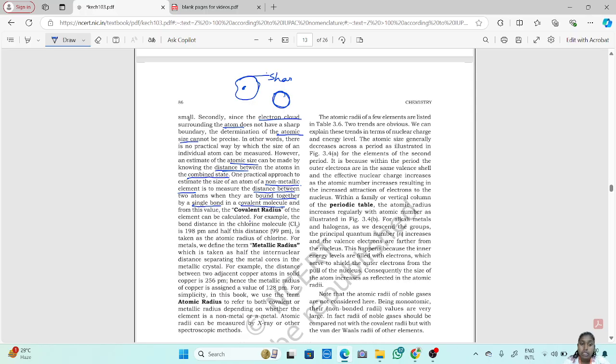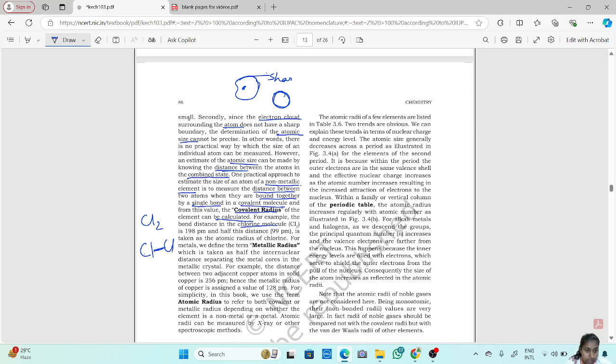Now from this value you get a covalent radius of the element which can be calculated. Now for example, the bond distance in the chlorine molecule. Chlorine is a non-metal. Now the chlorine molecule, that is Cl2, Cl and Cl. So there is a single bond between both the Cl atoms.